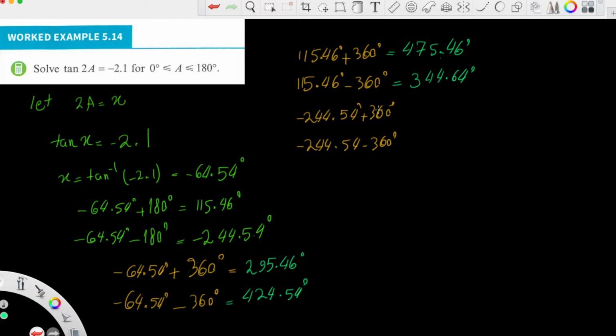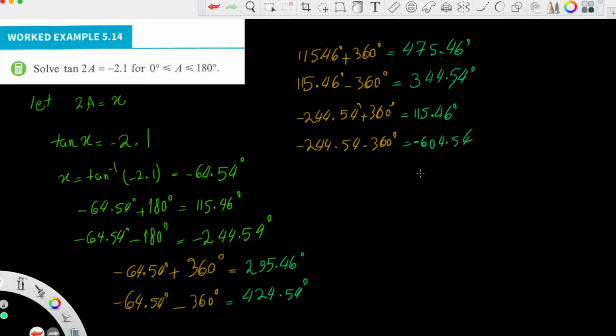Let me double check: 115.46 minus 360. Next one, negative 244.54 plus 360 will become 115.46, and this one will be negative 604.54.